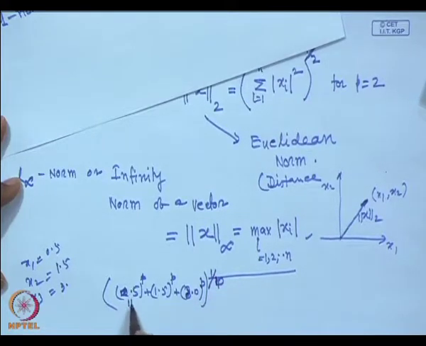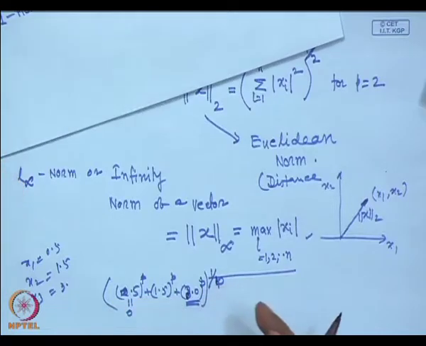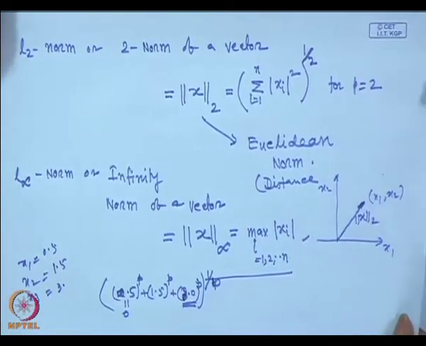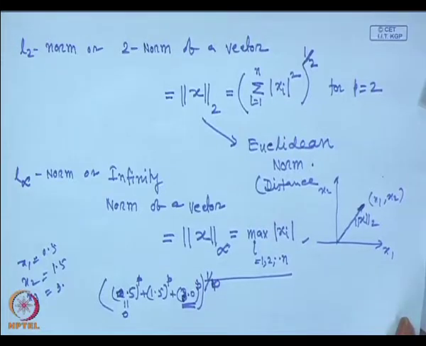Now, this goes to 0 when p is infinity, because it is negligible compared to the greater one. So you take the absolute value of the maximum. The p and 1 by p cancel, only 3, the maximum value from all the components, remains. That is the infinity norm of a vector.